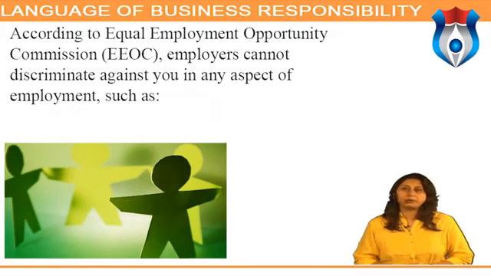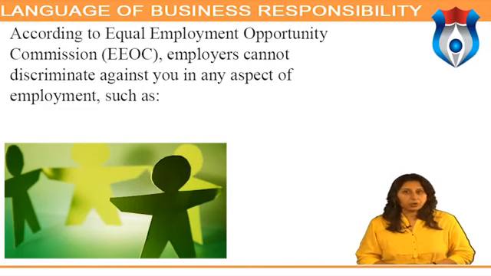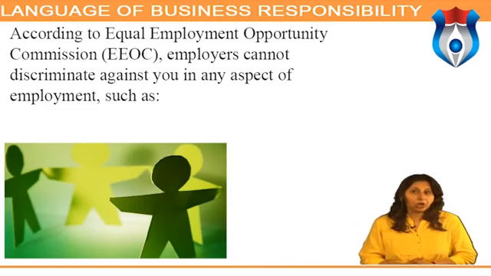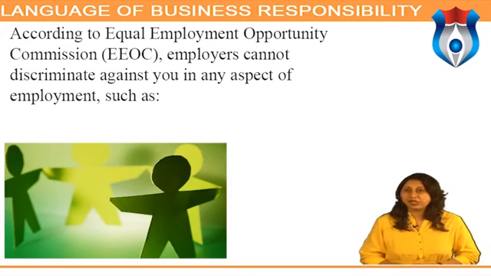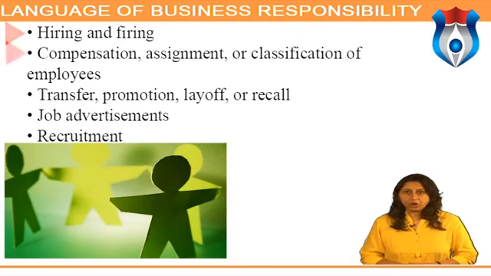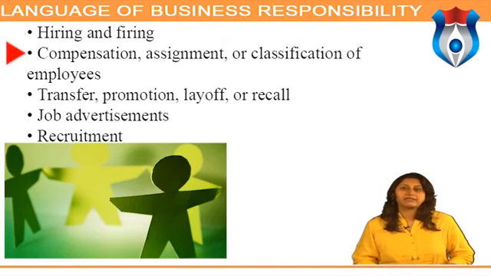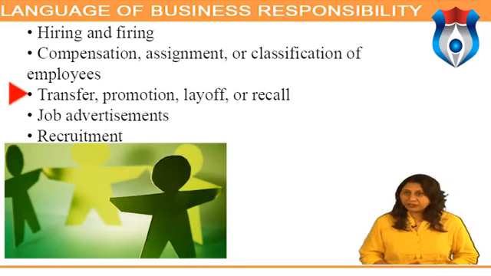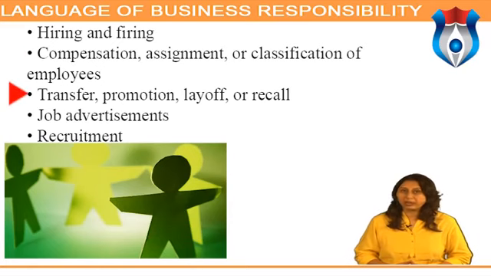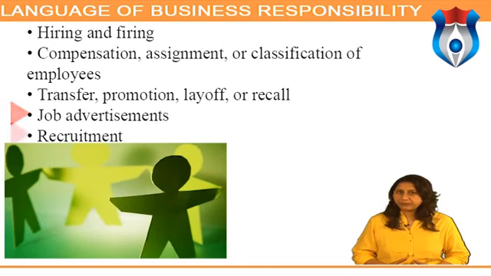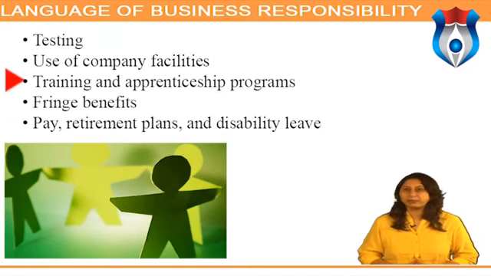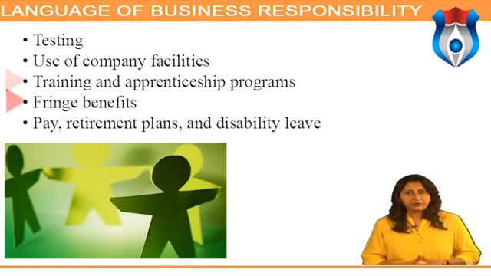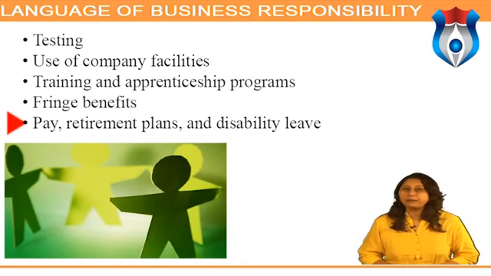According to the Equal Employment Opportunity Commission, EEOC, employers cannot discriminate against you in any aspect of employment, such as hiring and firing, compensation, assignment or classification of employees, transfer, promotion, layoff or recall, job advertisements, recruitment, testing, use of company facilities, training and apprenticeship programs, fringe benefits, pay, retirement plans and disability leave.